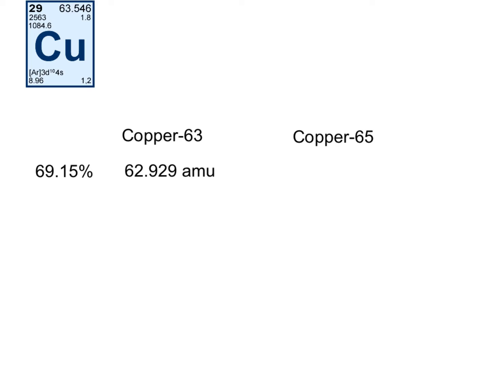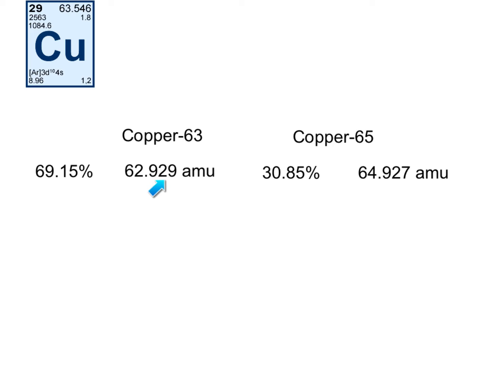Our other isotope, copper 65, has a percent abundance of 30.85%, and those have a mass of 64.927 atomic mass units.